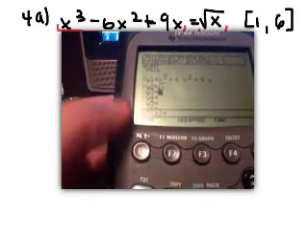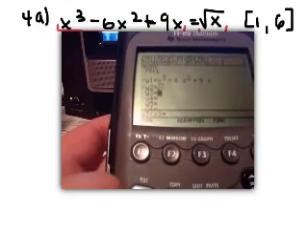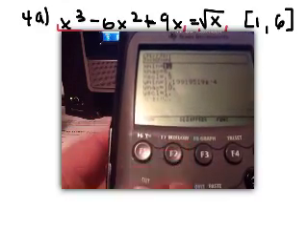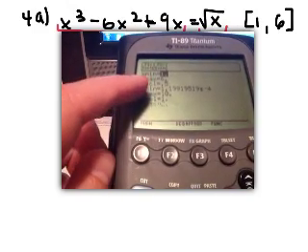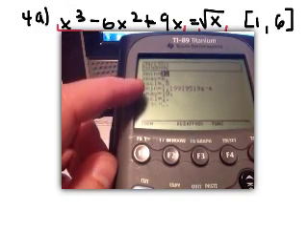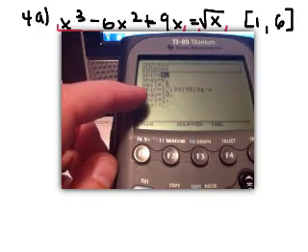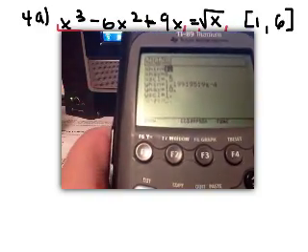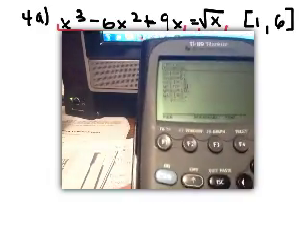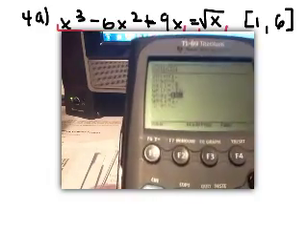That's good news. So because I can set up my window, I know if I go to diamond and then F2, I'm at window, I can put 1 in for x min, 6 is x max, and since it's only 5 numbers, I'm going to count by 0.5. My y min, I'll let be -10, and my y max I'll let be 10.